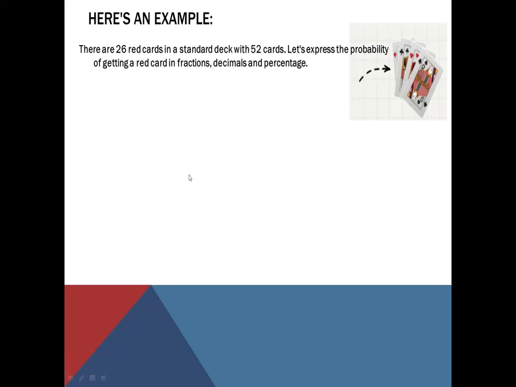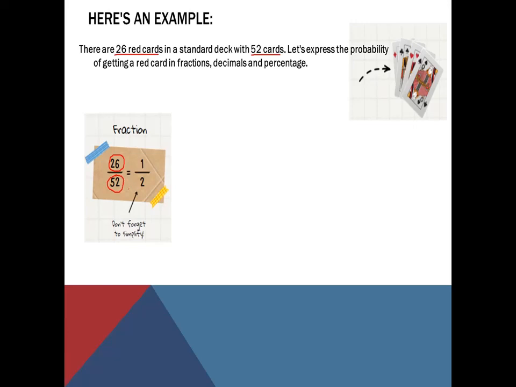First, in fraction: 26 red cards over 52 cards in a deck, since there are 13 diamonds and 13 hearts. But always remember, do not forget to simplify your answers. So the answer is 1/2.